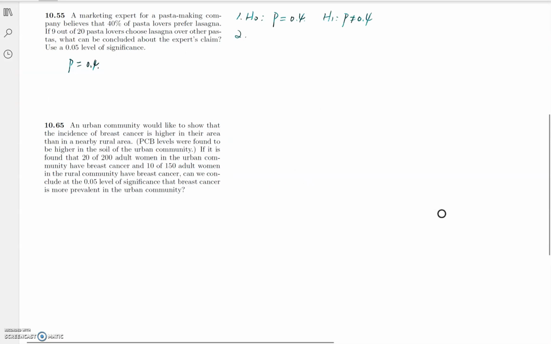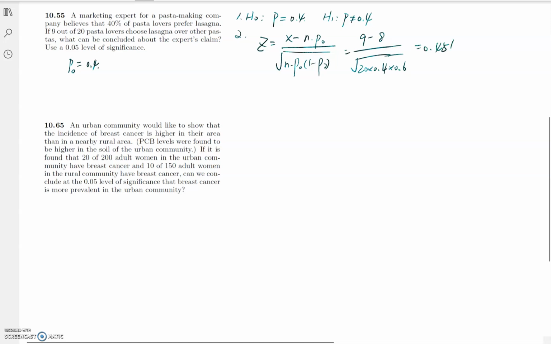So Z should equal X minus N times P0, divided by the square root of N times P0 times 1 minus P0. That equals 9 minus 8, since 20 times 0.4 is 8, divided by the square root of 20 times 0.4 times 0.6. That equals 0.456.